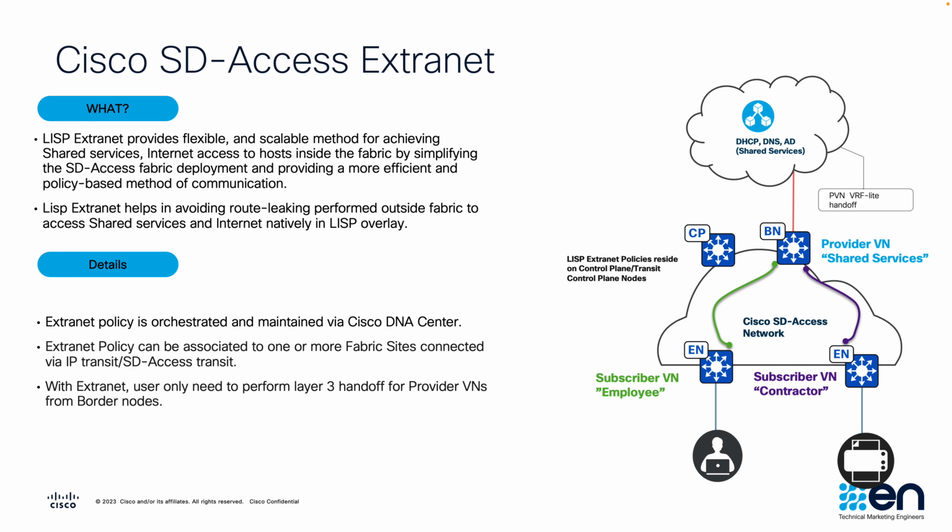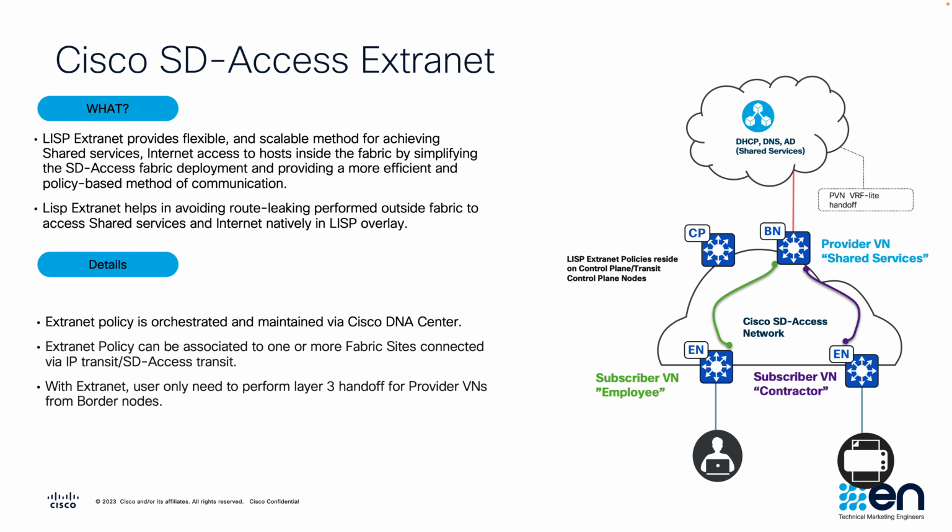This simplifies the deployment of the SD-Access fabric by providing a policy-based method of leaking virtual routing and forwarding, basically the VRFs, and by addressing the route leaking natively within the LISP architecture, the LISP extranet helps avoid the need of route leaking outside of the fabric site.